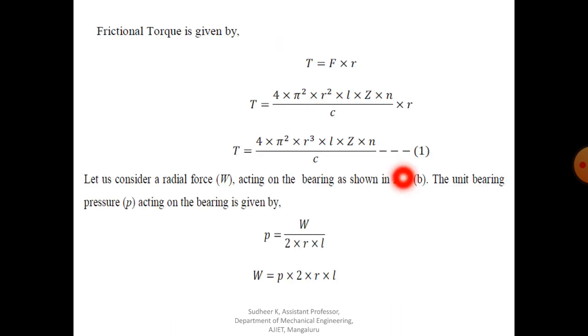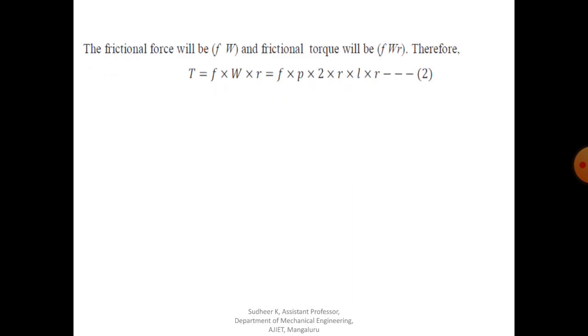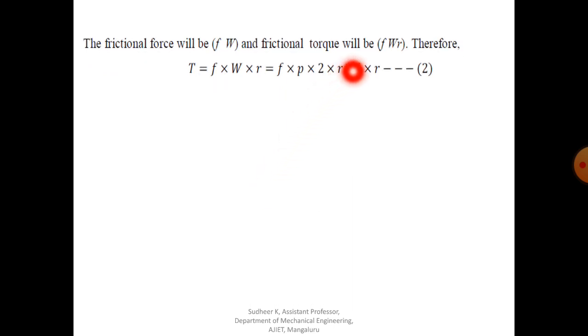Now this is the previous equation you got, that is the frictional torque. Now after considering the load and the unit bearing pressure, you got one more frictional torque. So that will be equation number 2.